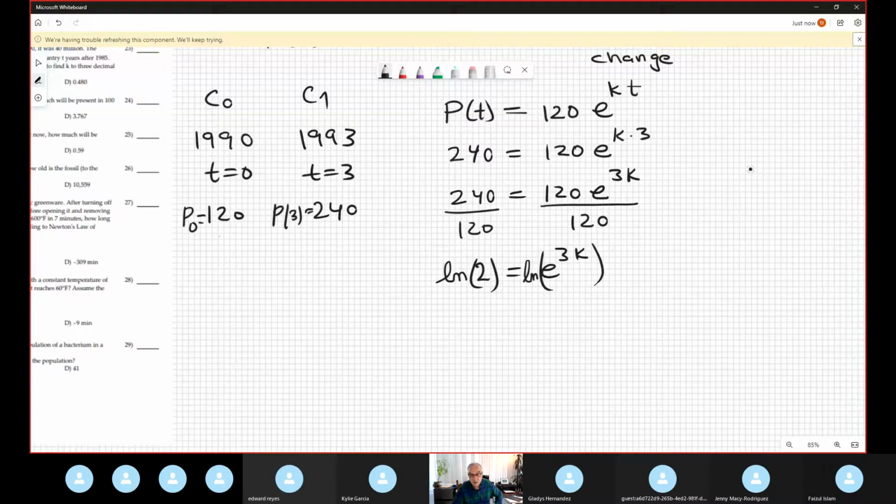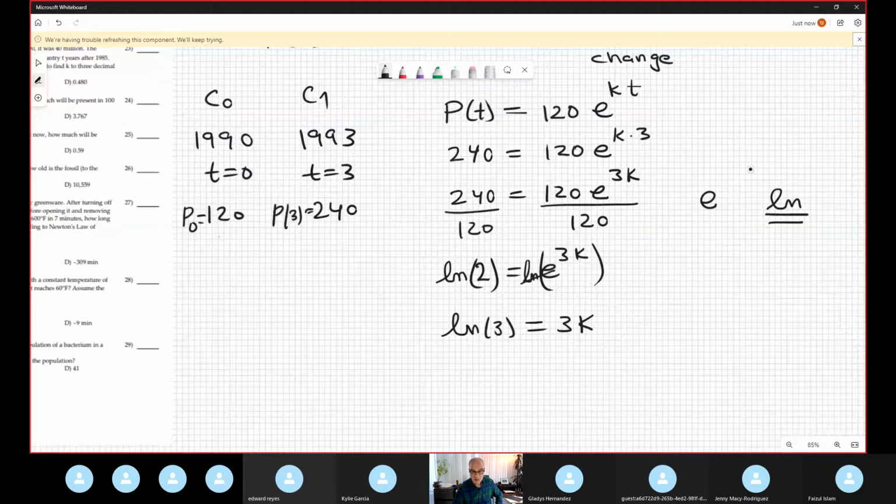The natural one, obviously, because the exponential involves the base e, and the logarithm with base e is ln. There is a reason you apply ln. The ln of 2 is equal to 3k, because I know very well that logarithm and exponential undo each other. Now k alone is ln of 2 divided by 3. Sorry, I make a mistake every day. Look, this is it. So far, does everyone follow me?